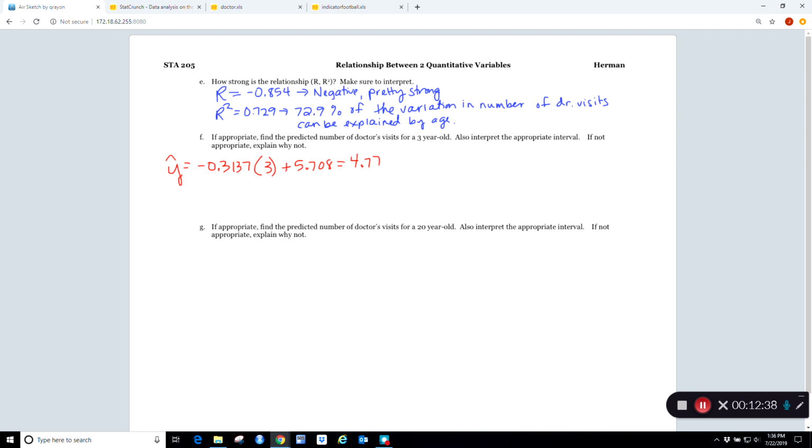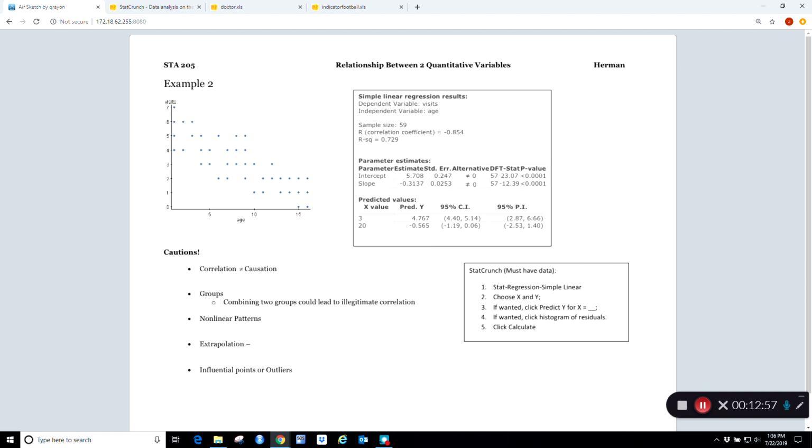Then it tells me to interpret the appropriate interval. Now for the appropriate interval, I've got to choose between the confidence interval or prediction interval. So the question is, am I looking at a group of 3-year-olds or a single 3-year-old? Well, it says a 3-year-old, that's an individual, telling me then that the prediction interval is what I want to look at. So then looking at my output, I'm looking at 2.87 to 6.66.